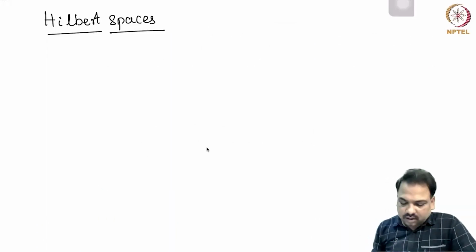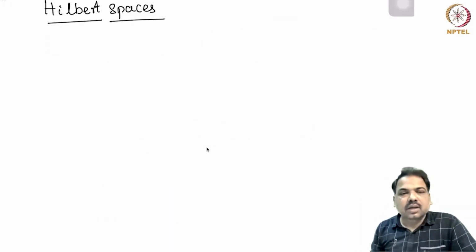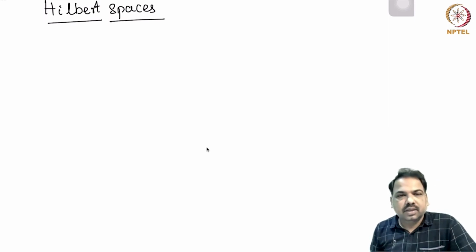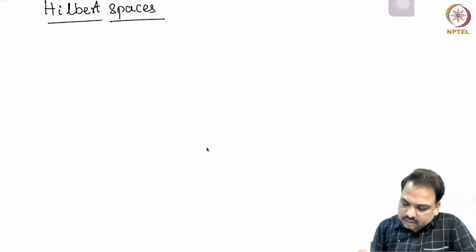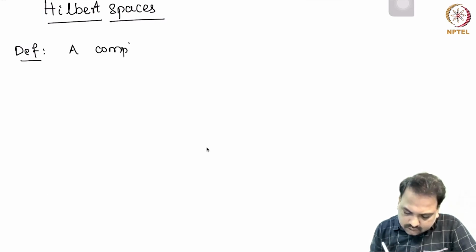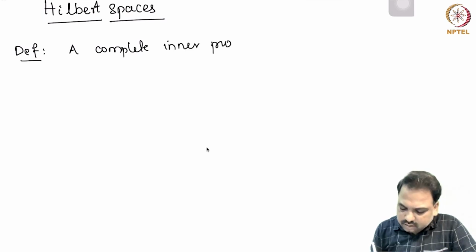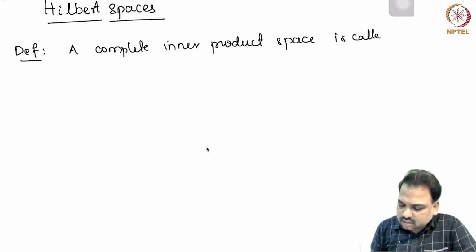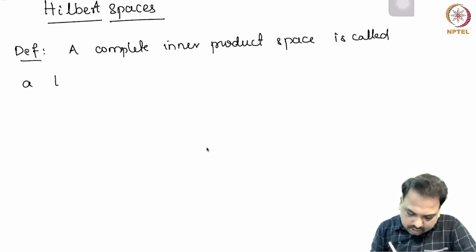Next we study about Hilbert spaces. A Hilbert space is nothing but a complete inner product space. Definition: a complete inner product space is called a Hilbert space.